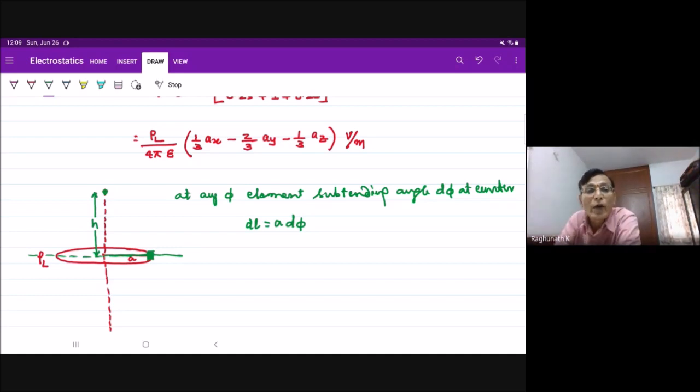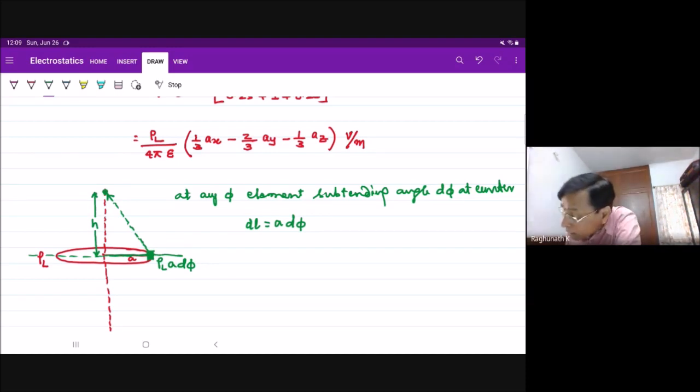At any phi, element subtending an angle d phi of length dl is equal to a d phi. Rho L dl is the charge. Rho L a d phi is the charge. Now, to determine the electric field intensity at the point of interest, I need to define a vector from the charge to the point of interest.